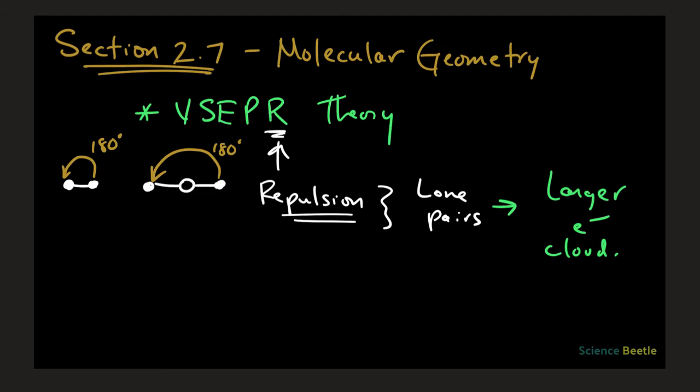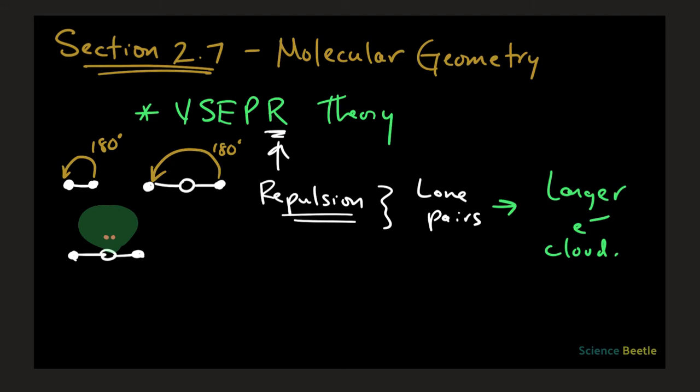Now, the second you start adding electrons to the center atom, I'll just draw this three bonded molecule to show you. If we were to add a lone pair here, remember that lone pair is going to have an electron cloud, and it's pretty large.